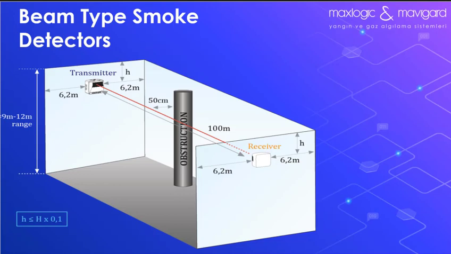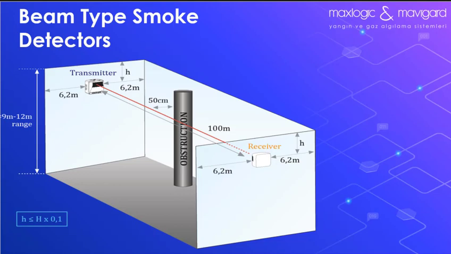When we make a layout as in this figure, the detector covers an area of 12.4 meters horizontally. When the transceivers are placed at a distance of up to 100 meters from each other, the area protected by a beam detector is approximately 1,240 square meters.